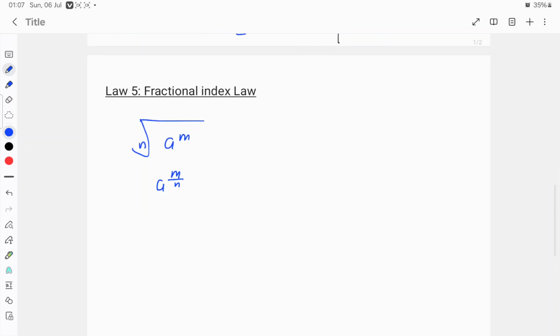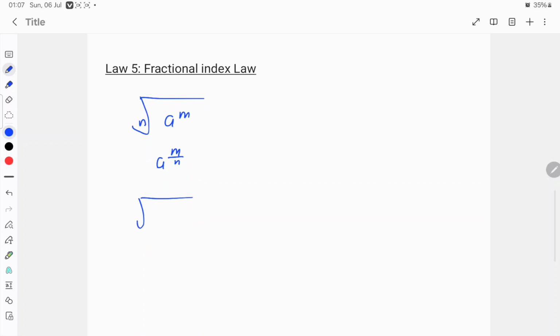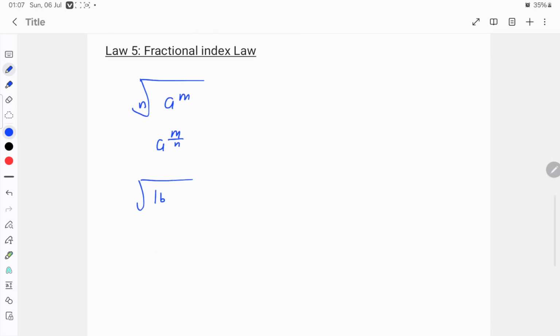Let me give an example on that. Let's say we have the square root of 16, and then the question says simplify without using a calculator. So remember, first we have to break down 16 using this format, or you can use a calculator. This is what I don't advise you to do.